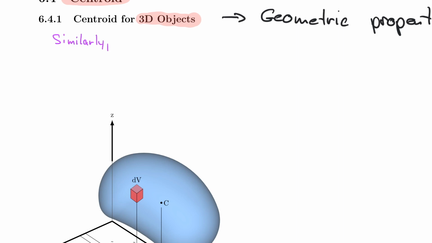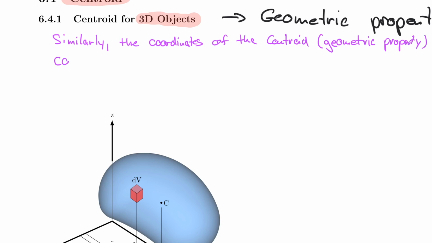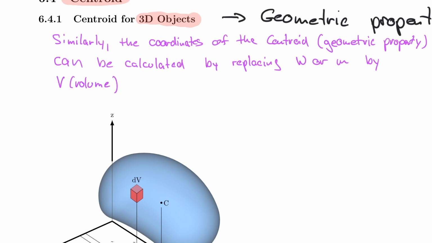similarly, the coordinates of the centroid, which is a geometric property, can be calculated by replacing W or M by V for volume, or also A for area, or L for length.